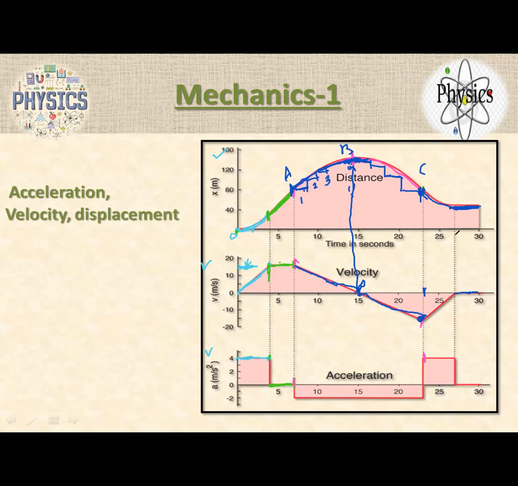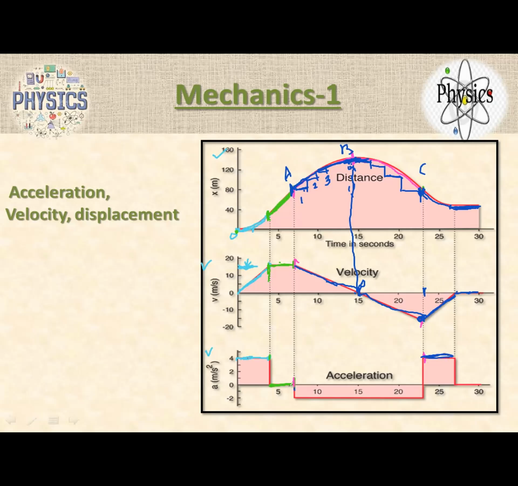You can see clearly there is a curve here, but the curve is decreasing, so the velocity is decreasing. Here there is more slope, so the change should be a uniform decrease. The acceleration is constant from here to here.